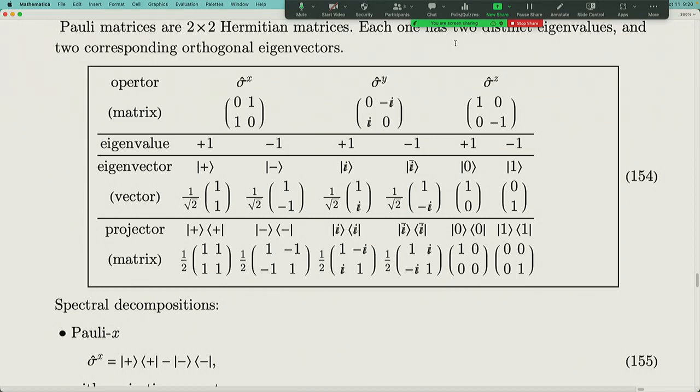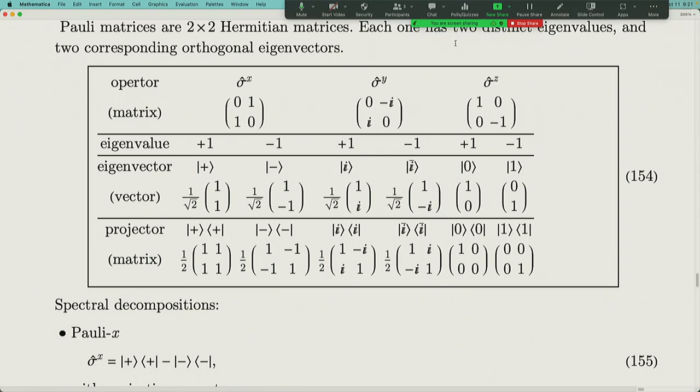Question: in the projector matrices, is the minus sign just subtraction? It is meant to be the eigenvalue times the projector in the spectral decomposition formula.